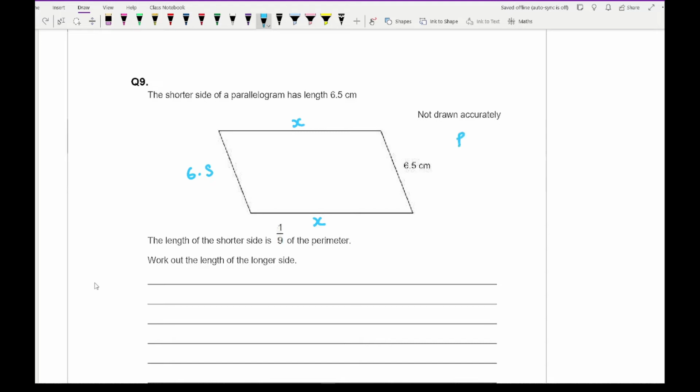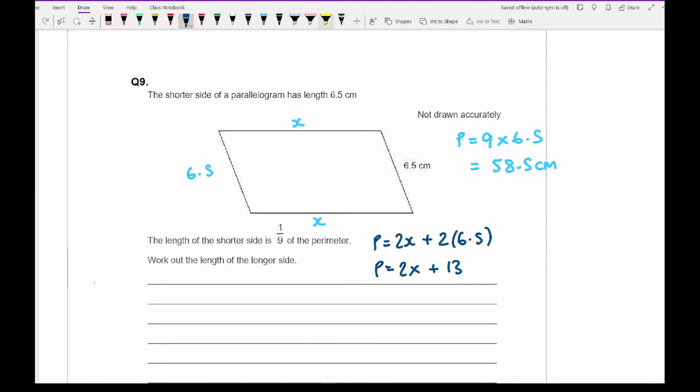Now the shorter side is 1/9 of the perimeter, so therefore the perimeter must be 9 times 6.5. So if I do 9 times 6.5, it gives me an answer of 58.5 centimeters. So that's what the perimeter is. Now algebraically, the perimeter equals 2 lots of x plus 2 lots of 6.5. So P equals 2x plus 13.